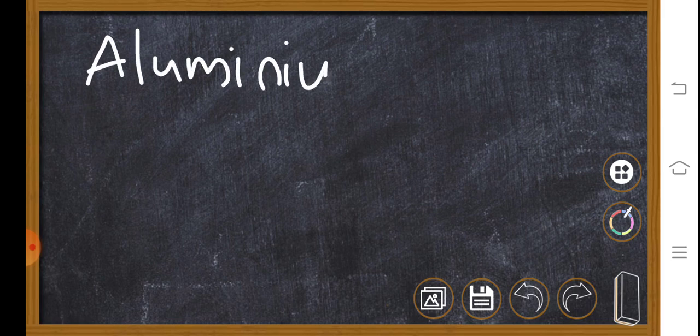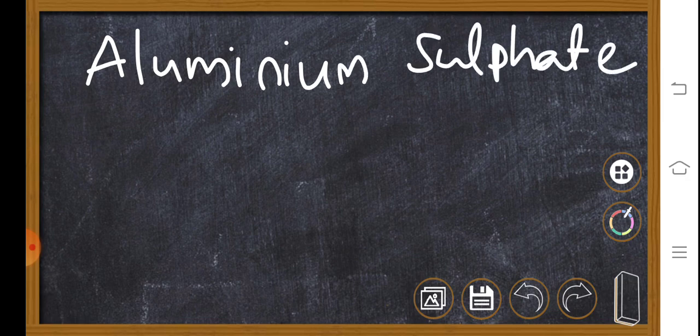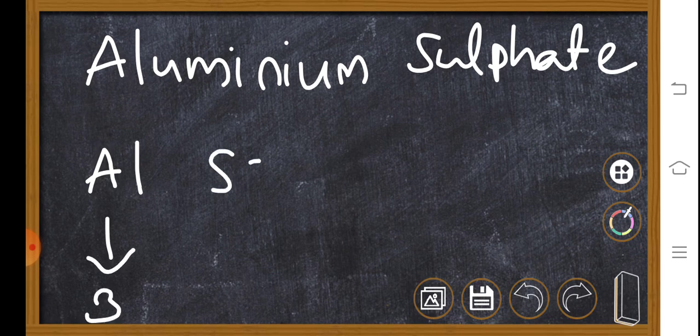We are going to learn another example, the chemical formula of aluminium sulfate. Aluminium sulfate contains aluminium and sulfate. Aluminium has the symbol Al and valency 3, and sulfate is written as SO4 and it is a radical. Its valency is 2.